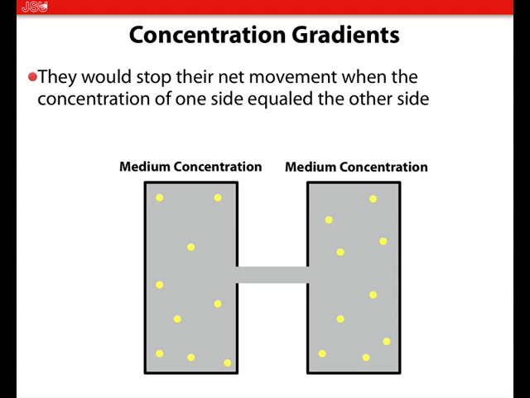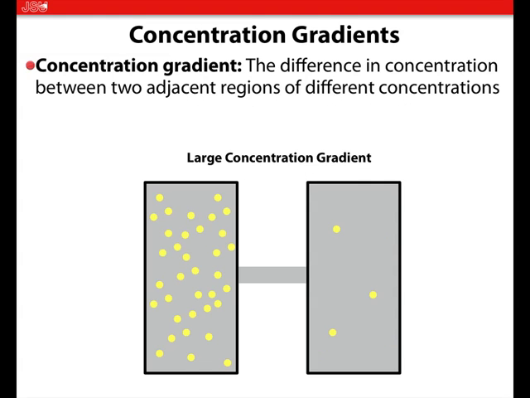Now, what happens? I think we see what's happening here, that it stops when they each reach a medium concentration, when they both have the same concentration and they have become equilibrized. Now, they're equal in concentration.